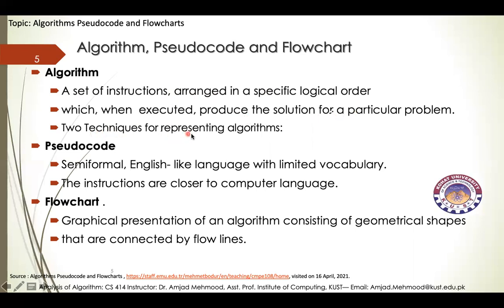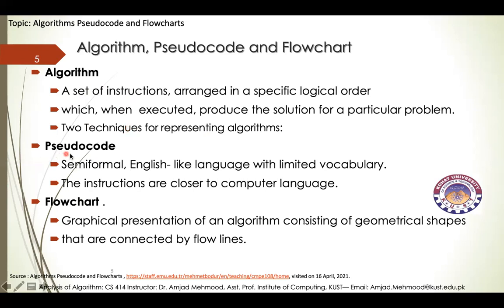There are two techniques for presenting algorithms. So these are the techniques that how you present your algorithm. Algorithm is a set of instructions in a sequence or in an ordered fashion. And then if you want to show that, you have two techniques like pseudocode and flowchart. You can use pseudocode or a flowchart for showing algorithm.